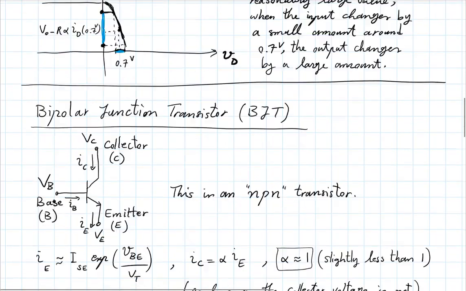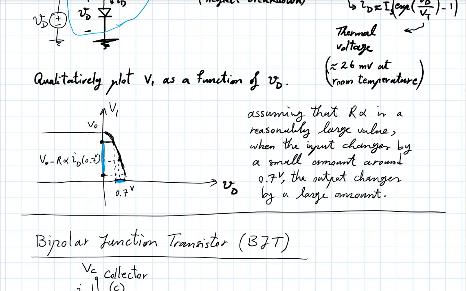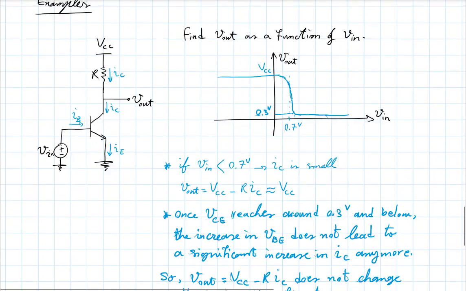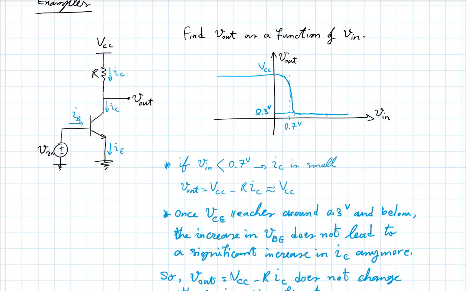Essentially, the behavior we saw at the beginning in this example, but it ends somewhere. It works only for the chunk of the operation of the transistor where the transistor is in the active mode and hasn't reached saturation.